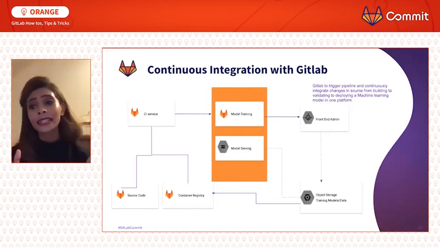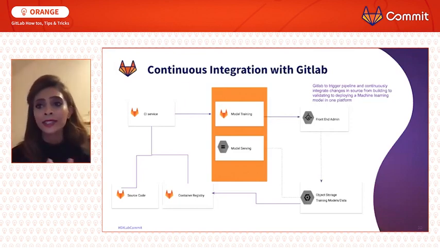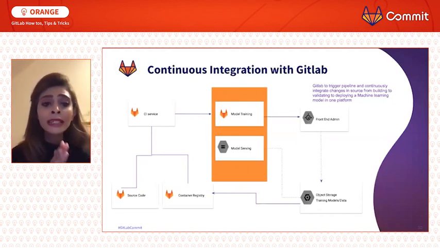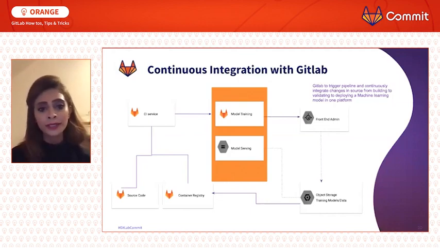The model training can be easily integrated into any part, whether you're doing it on the cloud or on Kubernetes, or you're actually using the GitLab runner to train the model. And that can be totally integrated to the object storage as well as the front-end admin.